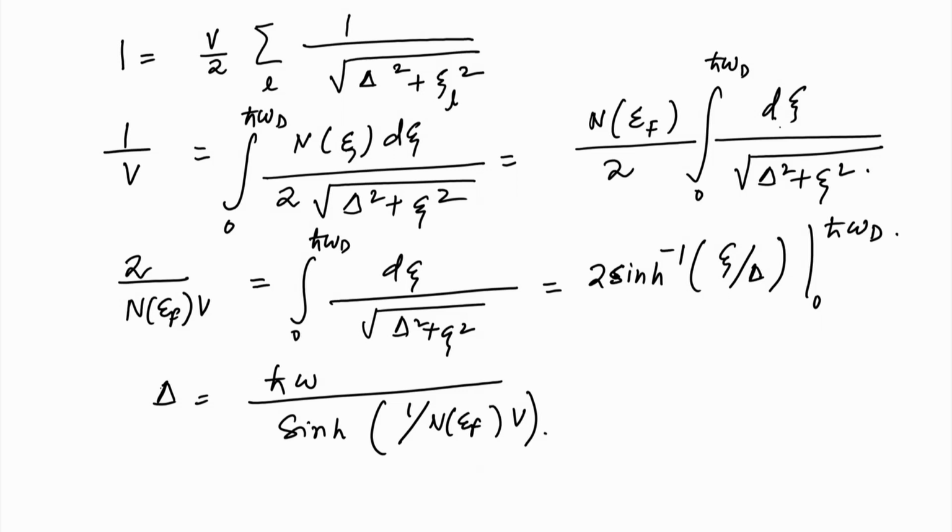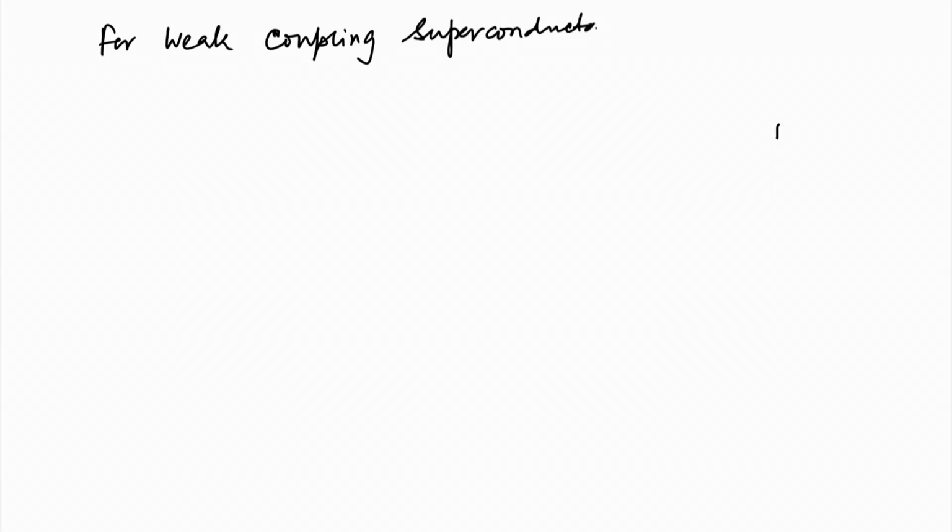Now, since we are talking about weak coupling superconductors, n epsilon f v is much smaller than 1.